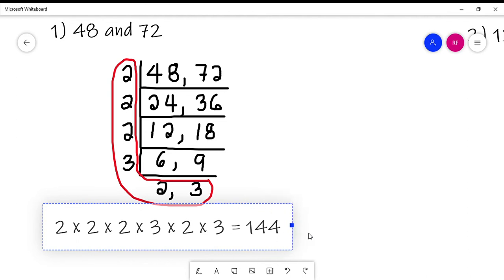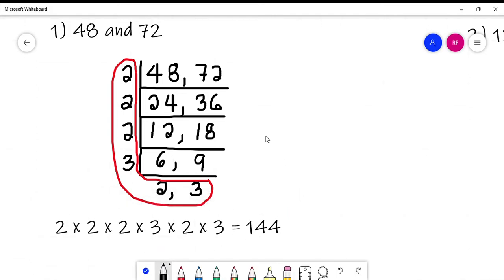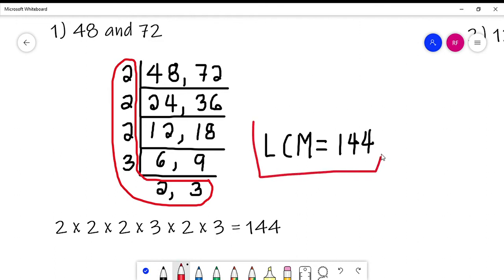So that means the LCM of 48 and 72 is 144. I hope you get it.